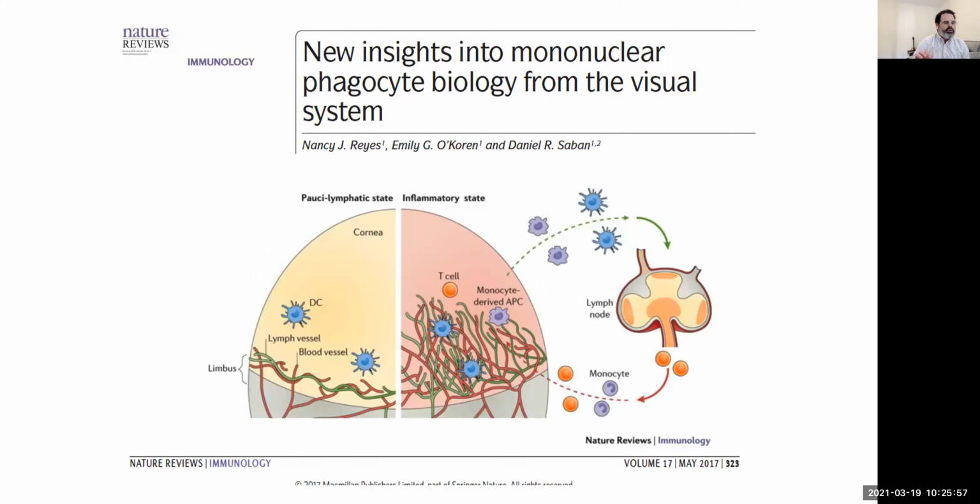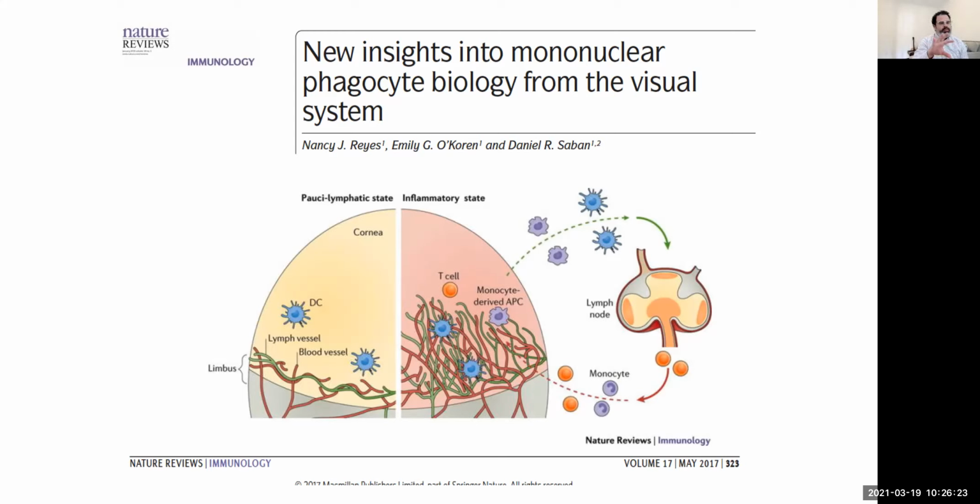Now, just to remind you, this is to check off the tissue barrier in cornea in terms of the facets of immune privilege. The cornea in the steady state is avascular, the cornea proper, but just adjacent to that, you have lymphatics. So you have both lymphatics and vessels. I'm kind of using this as a double-edged sword here.